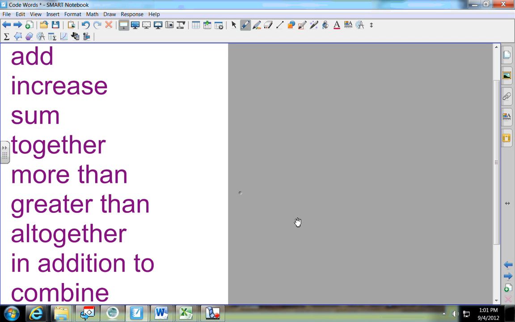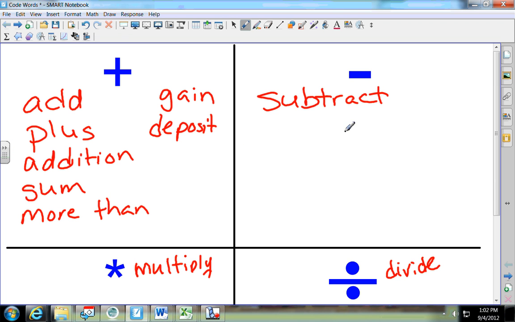No, it's just a good list for us to start from, so that when we see these phrases, we know they're kind of the more common ones when we're trying to do our word problems. What about subtract?